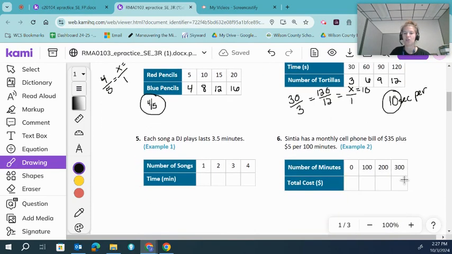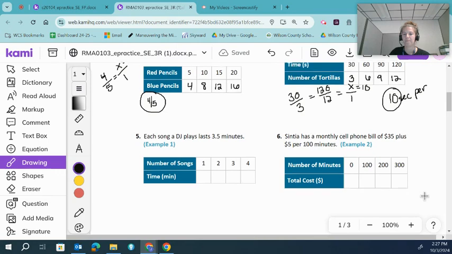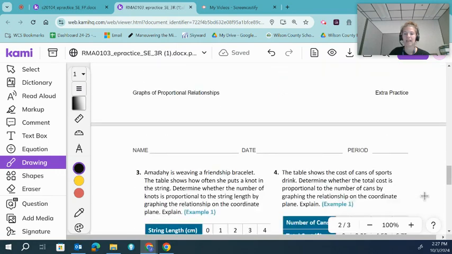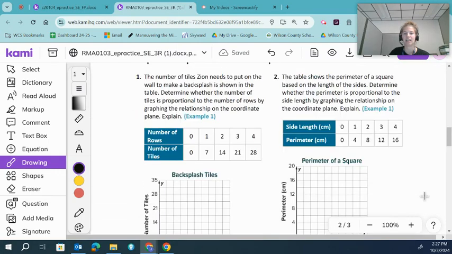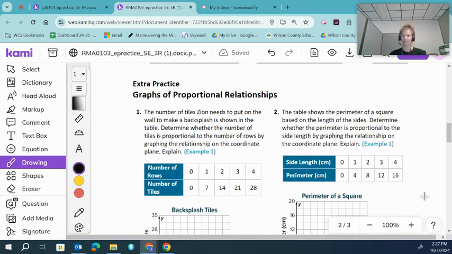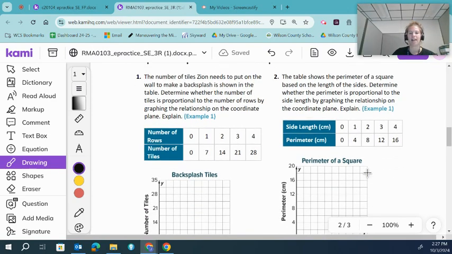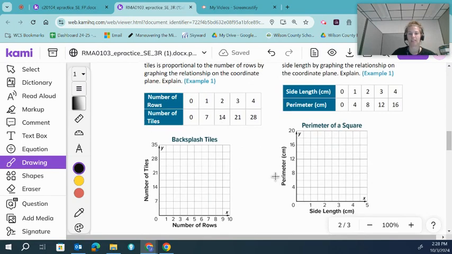Okay, there are two more for you to try that are tables. And then we're going to come down and take a look at the graphs. Okay, so when we are graphing these things, we are going to plot these points on our graph at 0, 0, 1, 7, 2, 14.